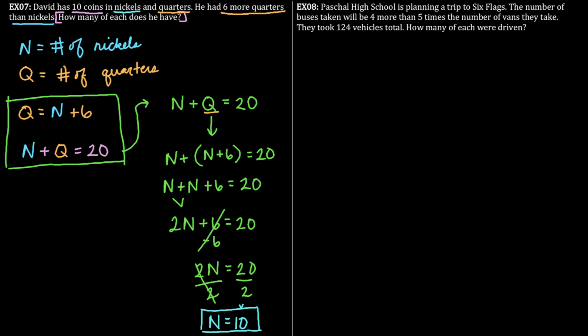So the number of quarters, you can plug it in either. You can substitute this N here or here. You'll get the same answer. Remember, system of equations. So Q equals N plus 6, and for N we're going to substitute in the value we found. It really doesn't need the parentheses, right?